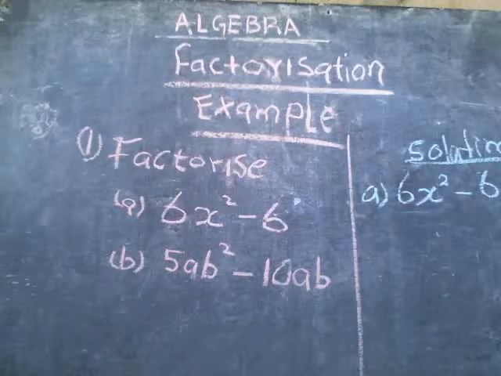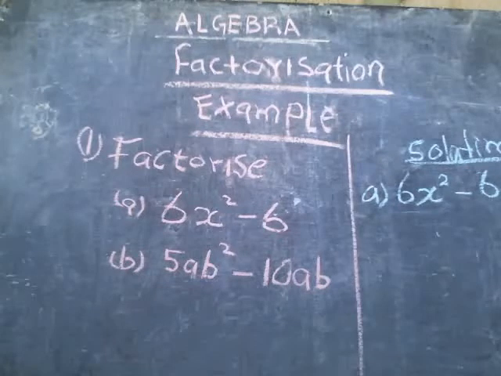So when we are talking about factorization, we are simply talking about factors, numbers and their factors. So on the board there we have question 1a, which goes like 6x squared minus 6. Let's see how we can work it out.